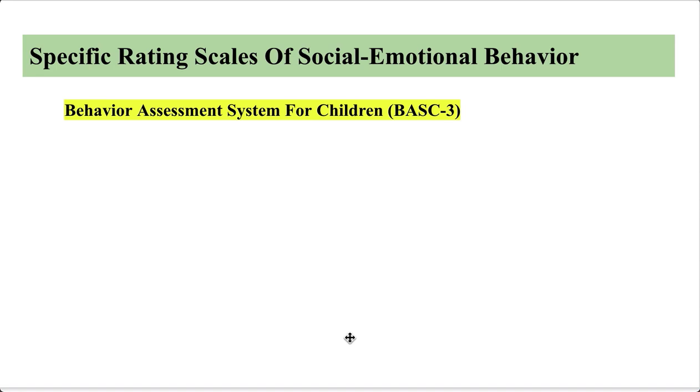So what are specific rating scales of social emotional behavior? When we talk about those types of scales, there are numerous scales that you can think of. But the main focus of this presentation is the Behavior Assessment System for Children.